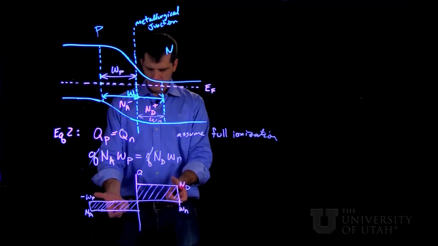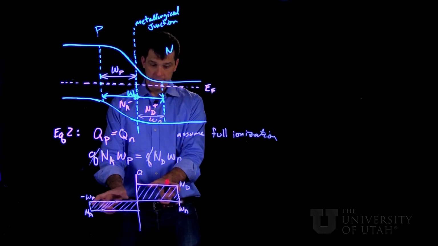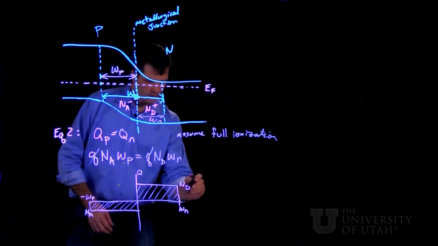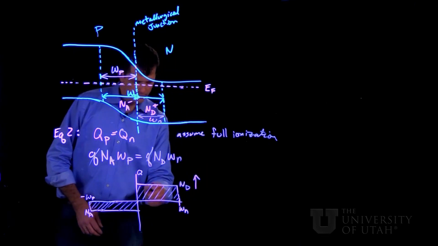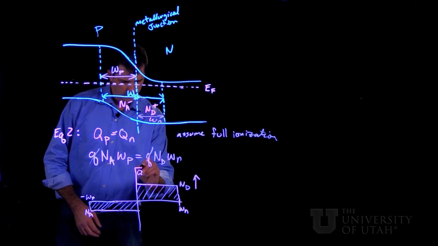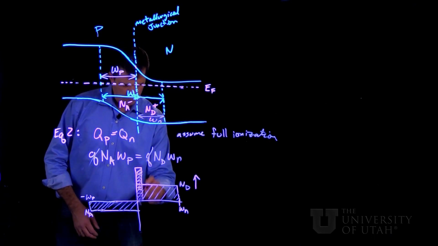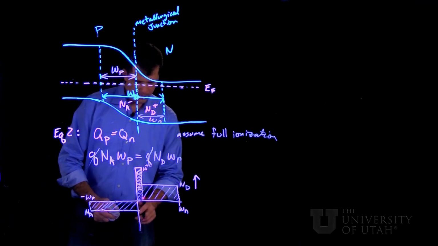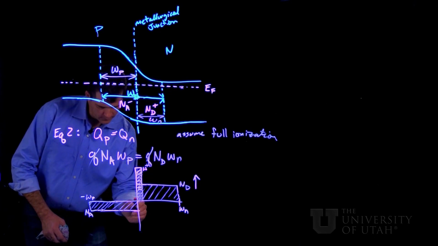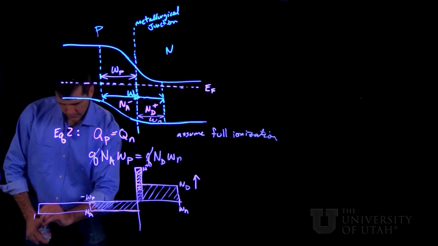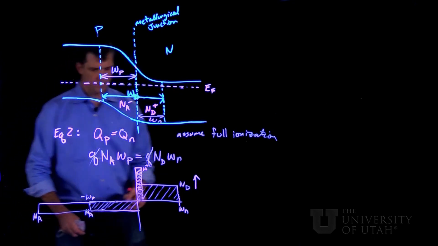So the charge balance equation says that these areas have to be the same. Now in the limit of, let's imagine that ND goes up very high so that it's degenerate doping, and we call it N+, then this depletion width will be very, very small. And that would mean that the depletion width would be almost entirely on the Na side.